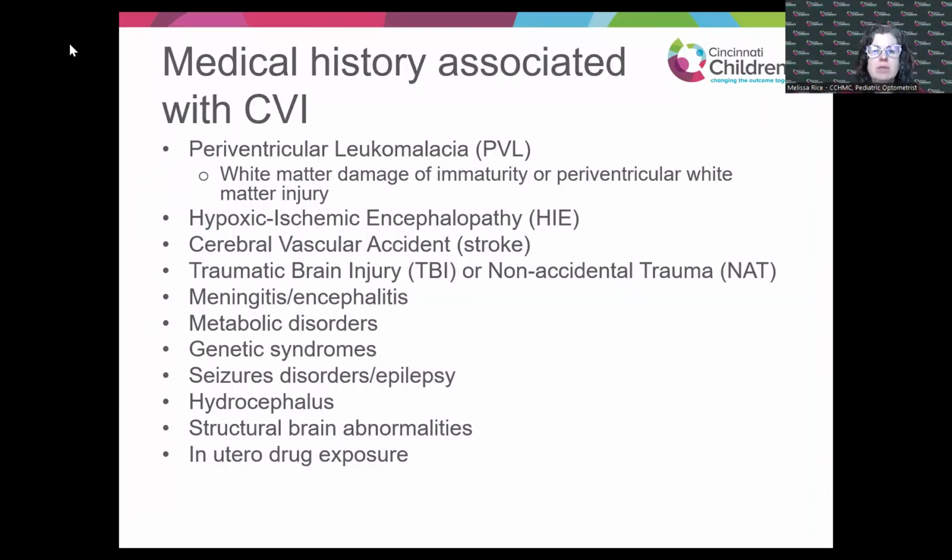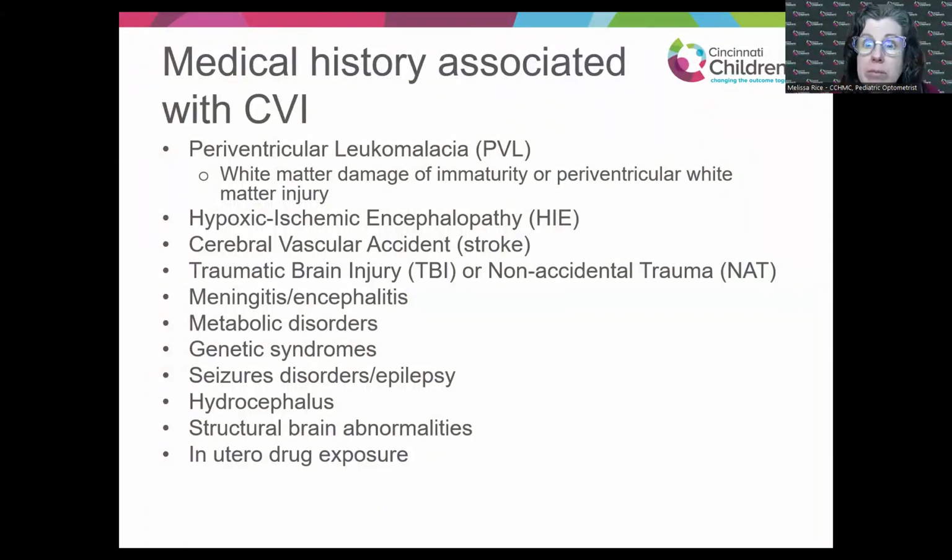Okay, so medical history. If you see these in the medical chart, I think your mind should automatically go to looking for CVI type behaviors. It's not a slam dunk that they'll have it, but some of these are more so than others. One is periventricular leukomalacia. It can also be called PVL, and you often see PVL in the chart.